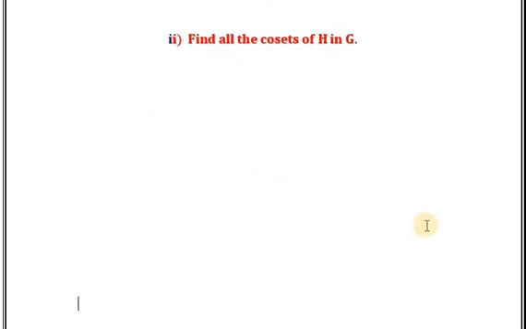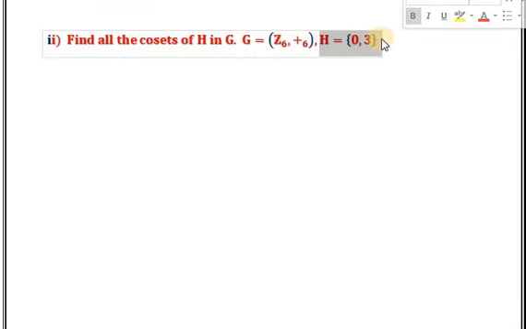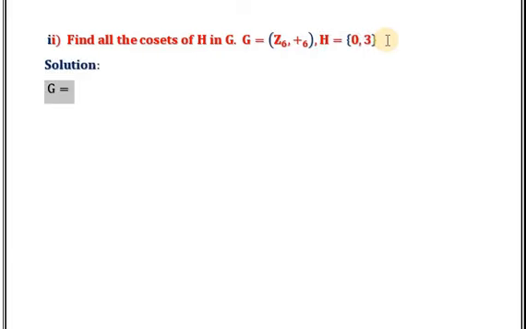Find all the cosets of H in G, where G is Z6 under plus 6, meaning the modulo 6 group. Then H is equal to {0, 3}. Now we will have to find the distinct cosets of H in G. Let us take the residue set.